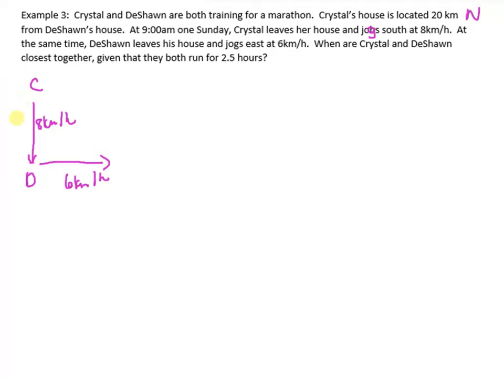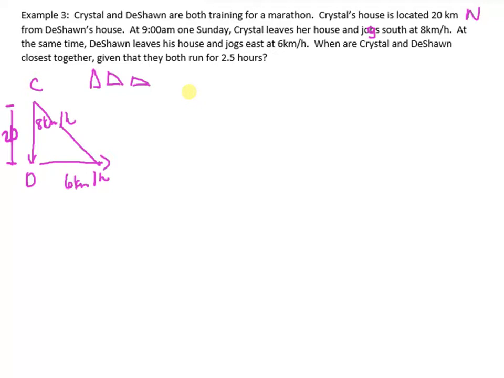And we know that this distance, from here to here, is 20. I find these the hardest questions, because as one person's moving down, this person's going over here, and our hypotenuse goes from here to here to here. I find these questions very interesting.